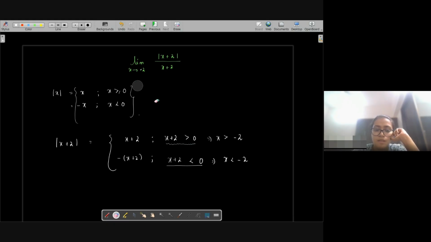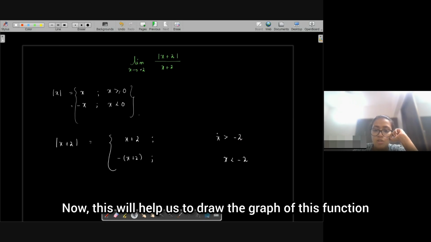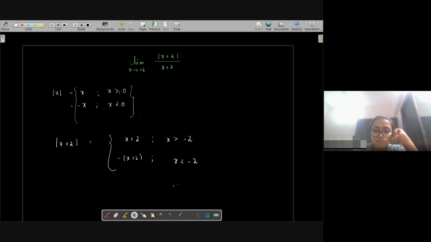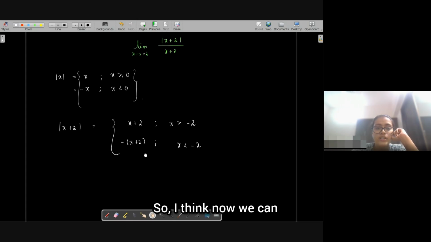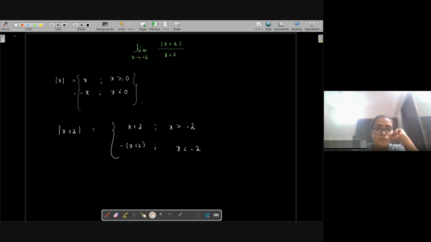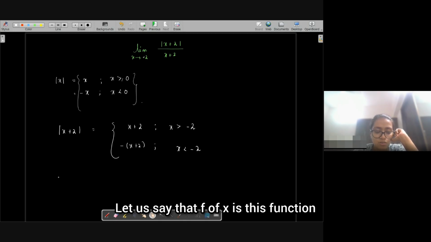Okay. So I will remove this part. Now this will help us to draw the graph of this function. So I think now we can simplify this function. Let's say that f of x is this function.